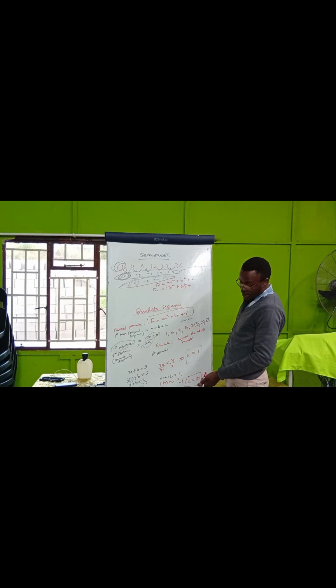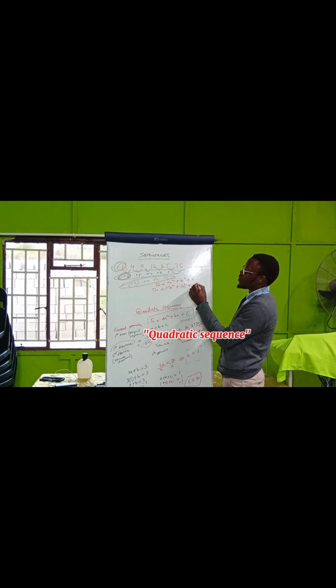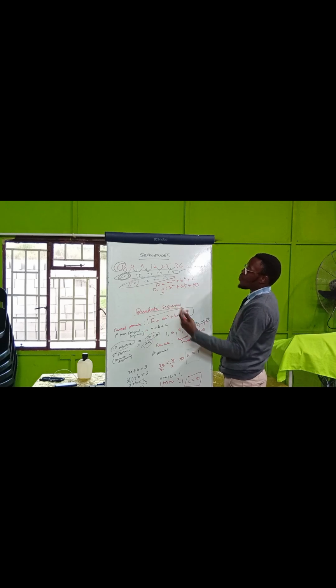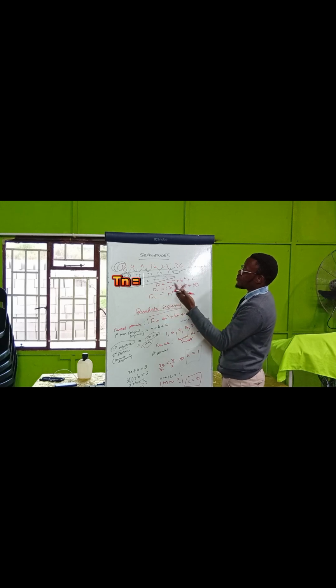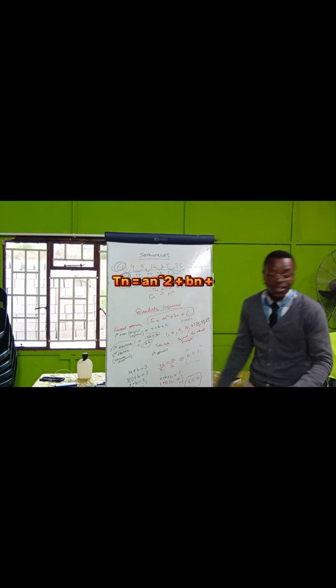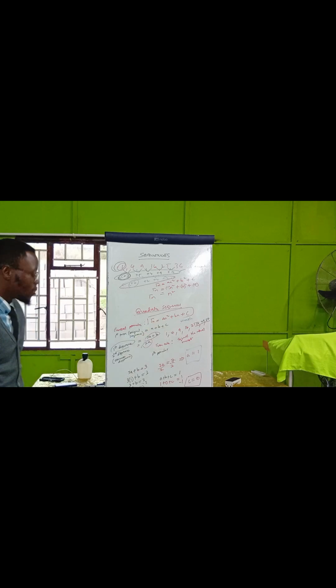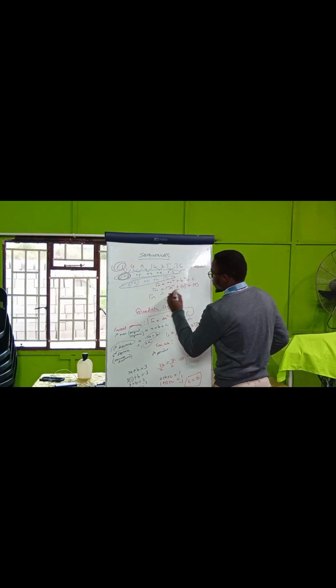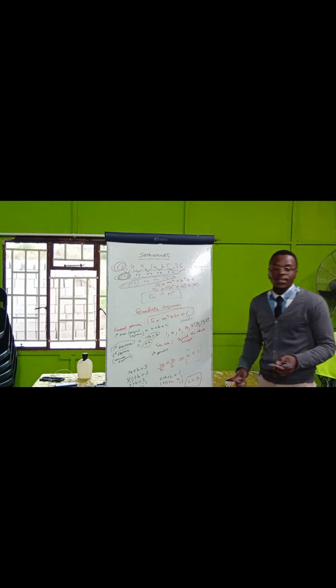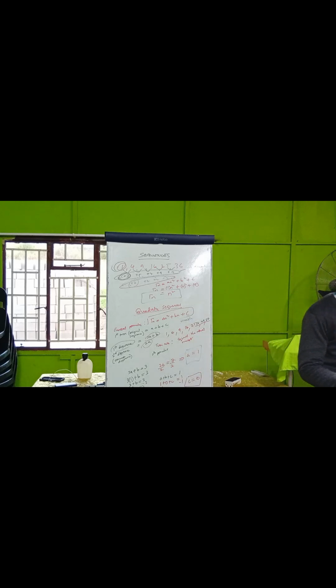And also where there is c, you are going to put 0. So 1 times n squared is just n squared, and then plus 0 plus 0. So this is how we get Tn is equal to n squared. So this is the formula. Does it ring a bell?